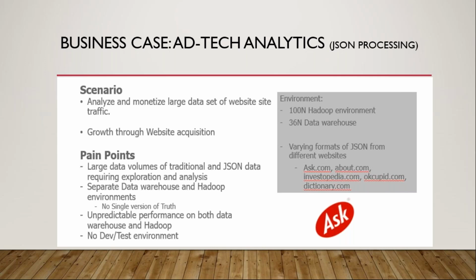Their current infrastructure was a 100 node Hadoop cluster and 36 data warehouses, getting JSON data from different websites like Ask, About, Investopedia, Dictionary. When all these data sources bombard your database and data warehouse with huge data volume, it's really hard to maintain and then analyze that data.